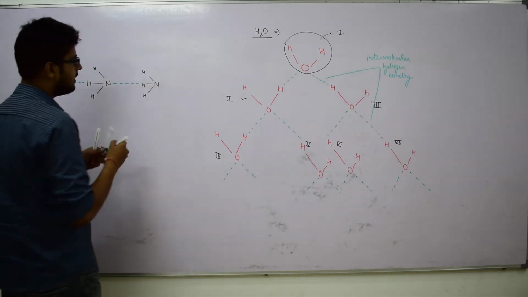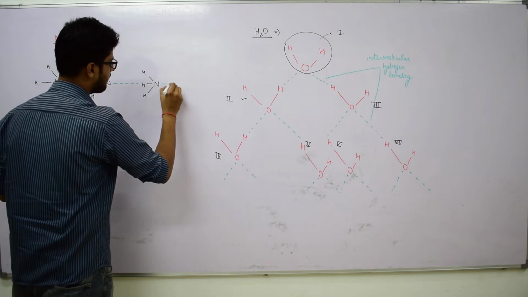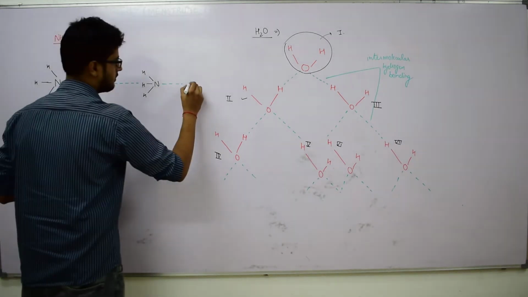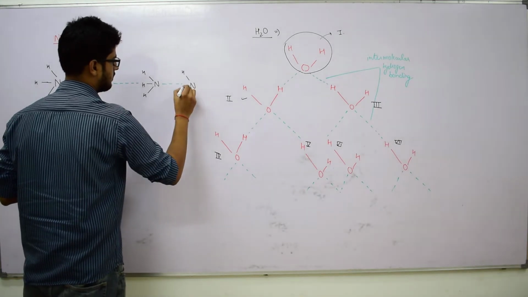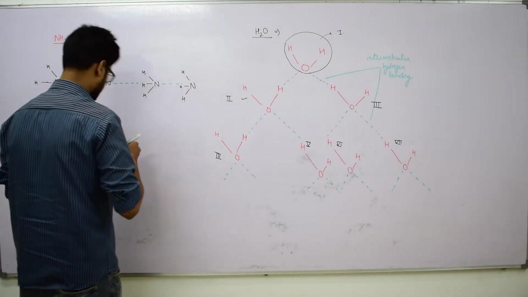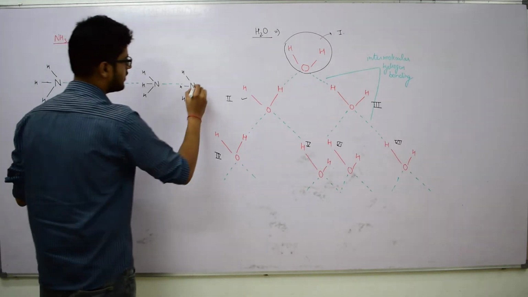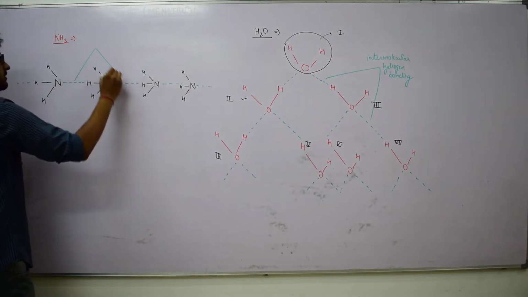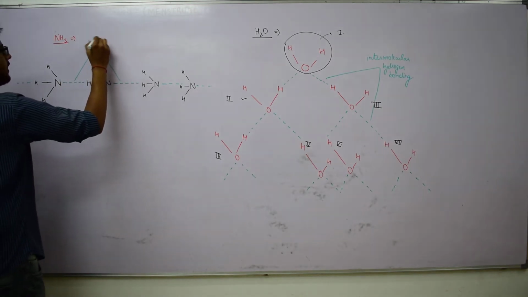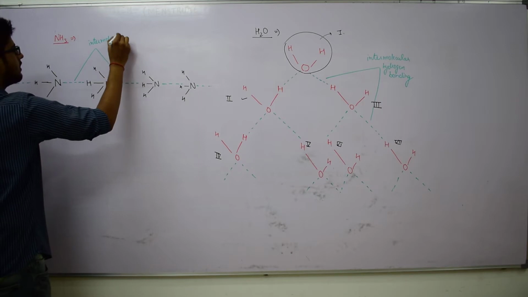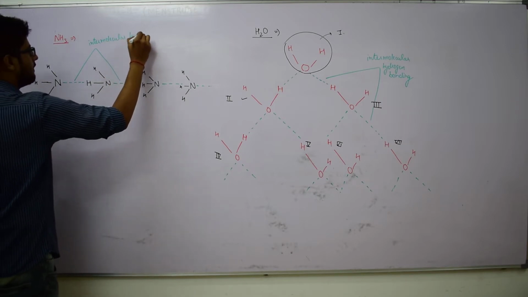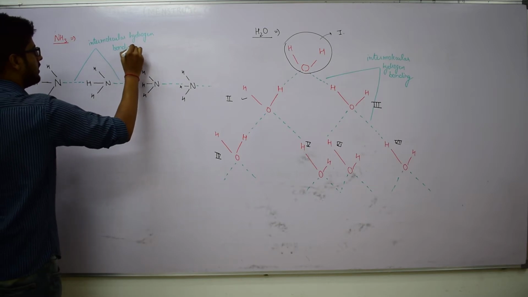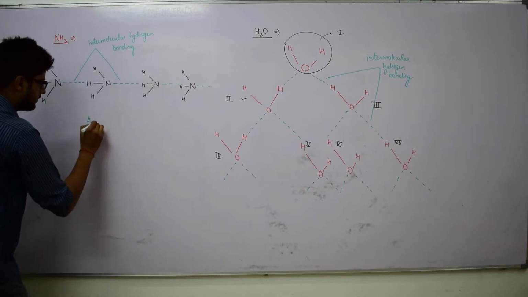Again this molecule will be linked in the similar manner. And this process of continuation will go on both the sides. And these dotted lines represent formation of intermolecular hydrogen bonding in ammonia, and this is the case of ammonia.